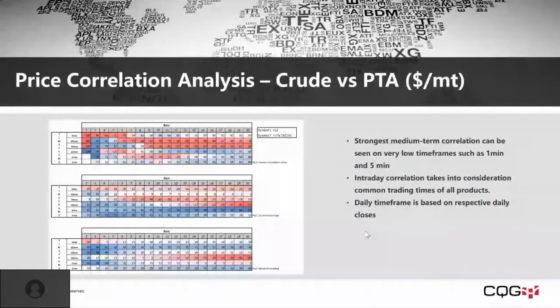So crude oil on NYMEX and TA, which have been turned into dollar per metric ton. And I've looked at how those two products correlate over different time frames and different number of bars.